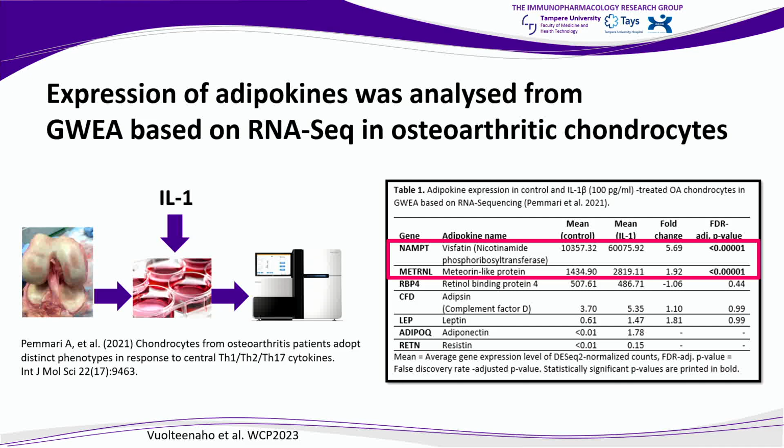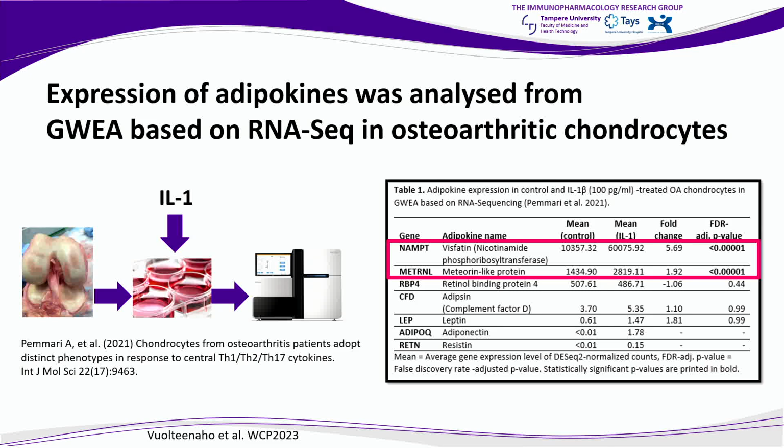We did cell culture experiments, and then we extracted the RNA and did RNA sequencing to study all messenger RNAs that are expressed in these cells. This data was published by Antti Pemmari, and in the present study, we analyzed the same data and focused on adipokines.